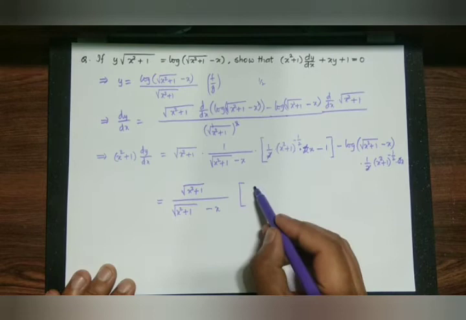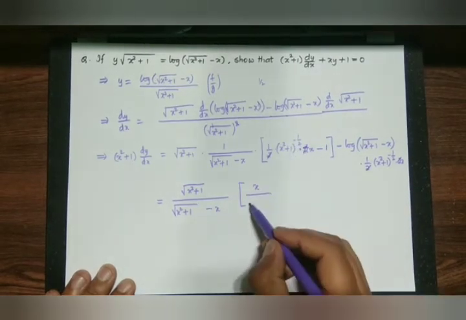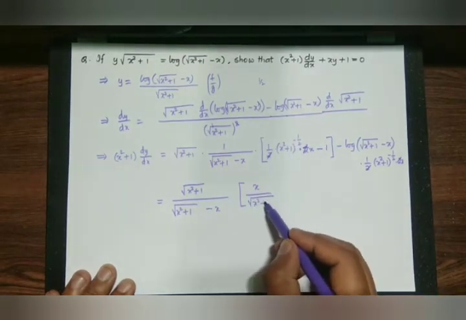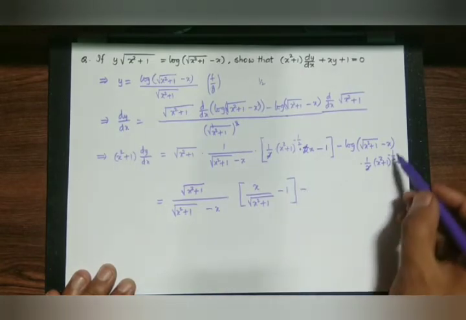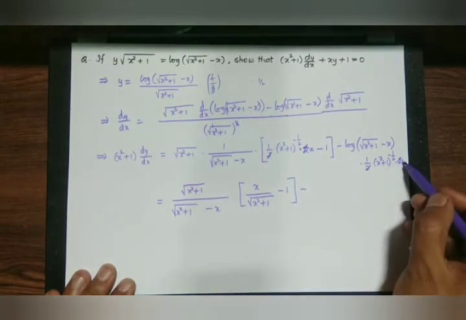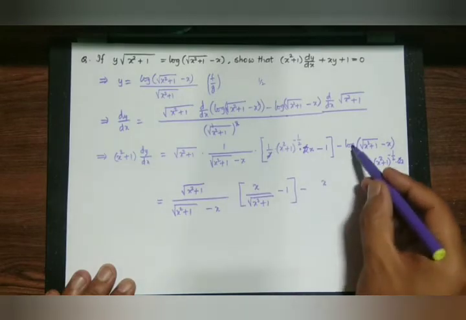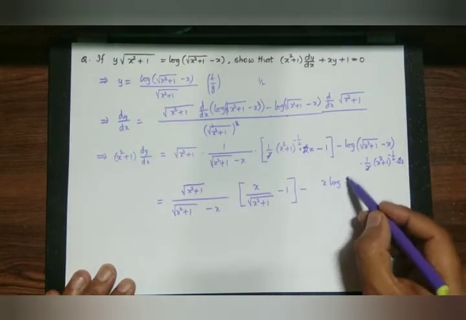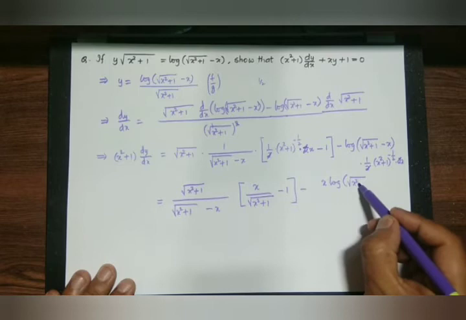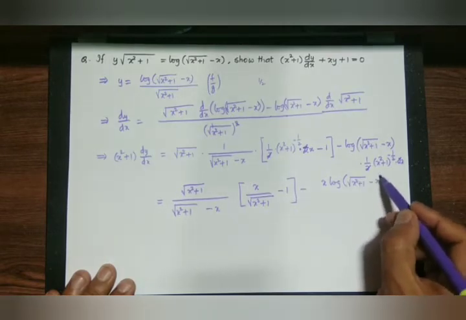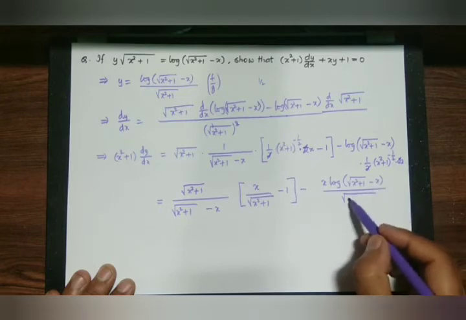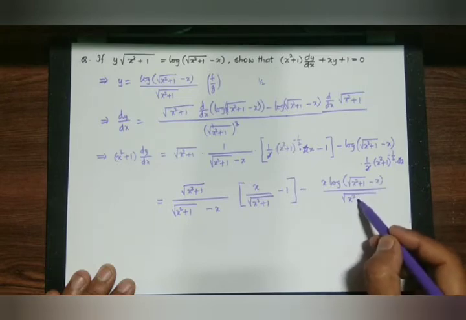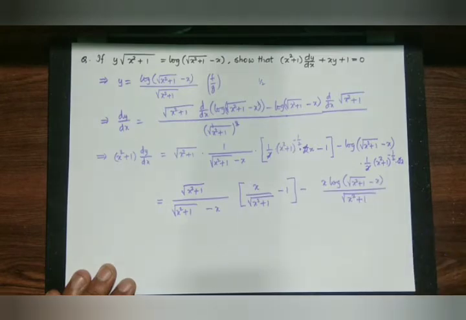So this is x by root over x square plus 1, right? Minus 1 is there, minus, similarly we have x by, okay, so x into this is x log root over x square plus 1 minus x by root over x square plus 1.